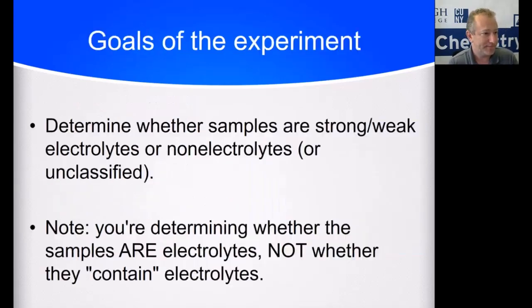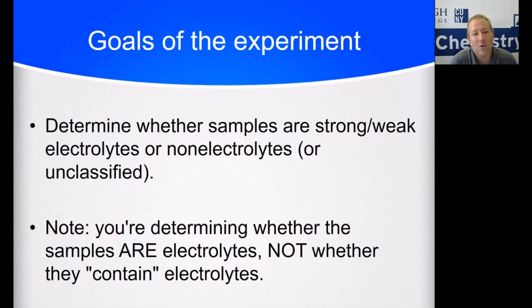So your goal in this experiment is to determine whether a compound is a strong electrolyte, a weak electrolyte, a non-electrolyte, or potentially in some cases cannot be classified because it doesn't follow the rules of what an electrolyte is, which we'll get to on the next slide.